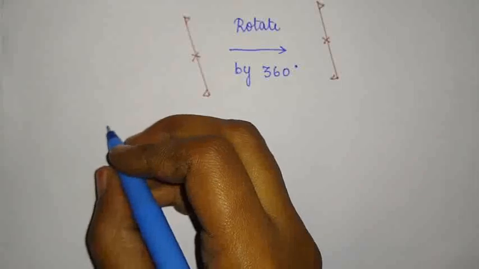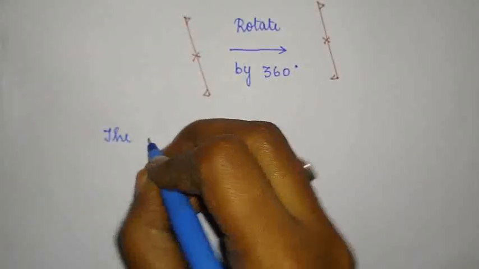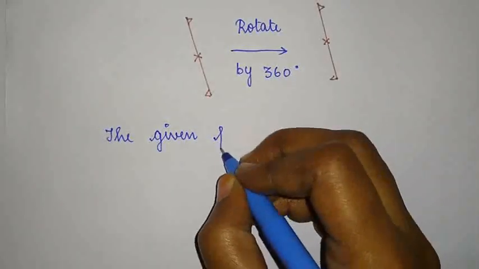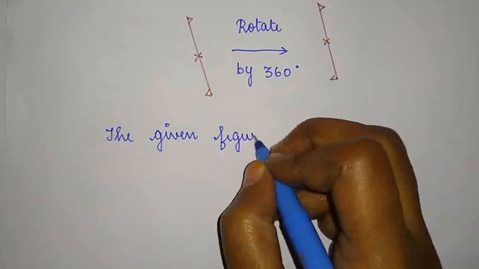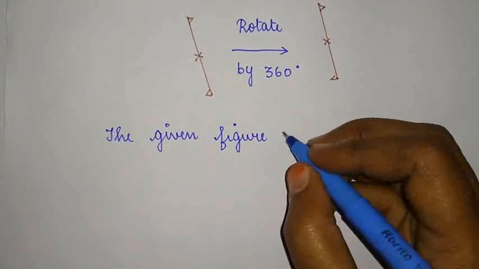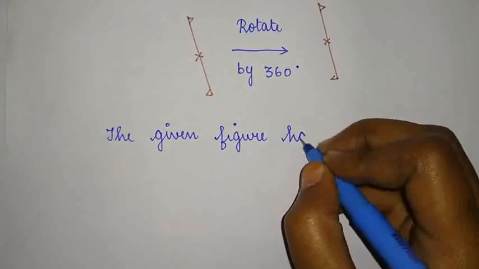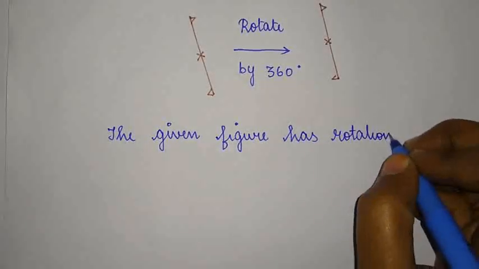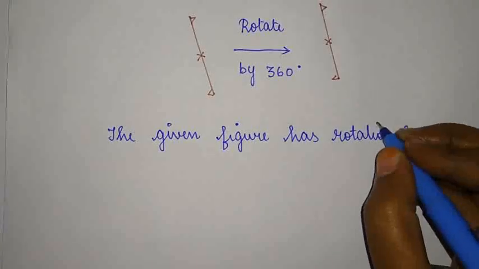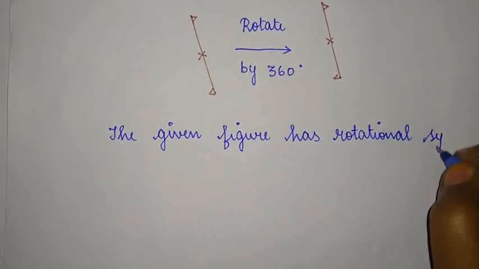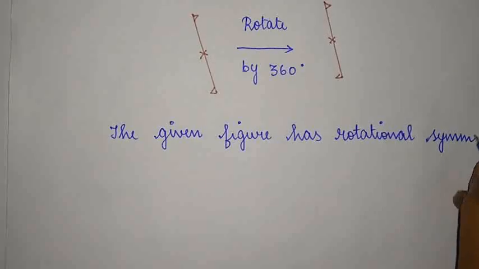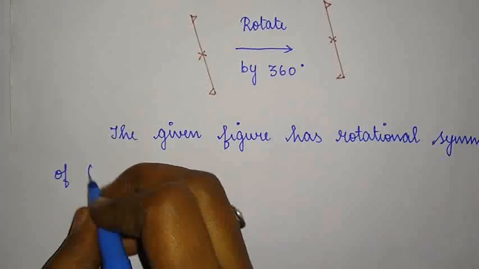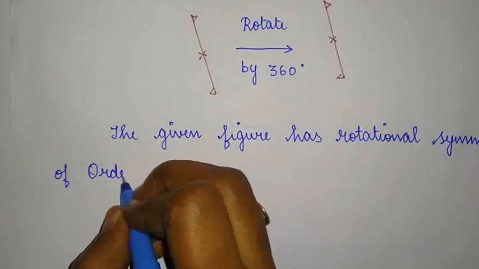So you can write: the given figure has rotational symmetry of order 1.